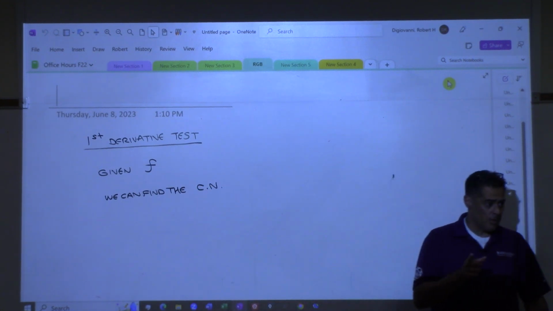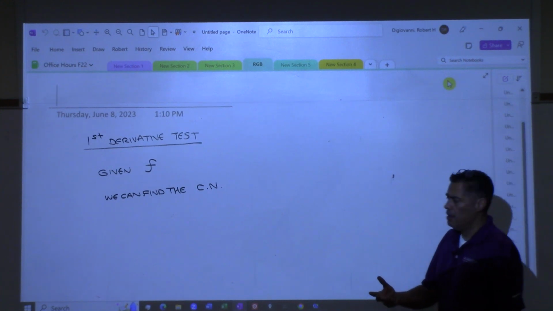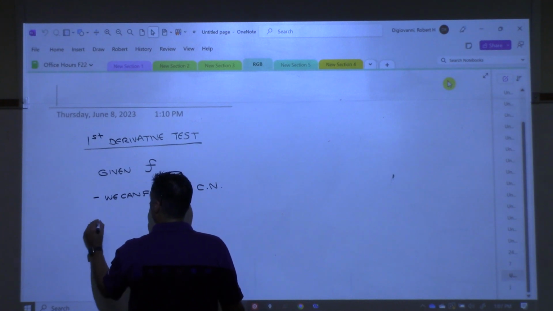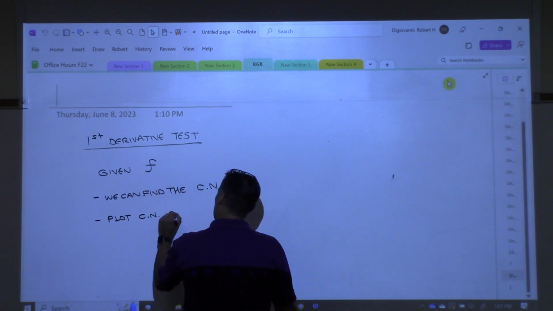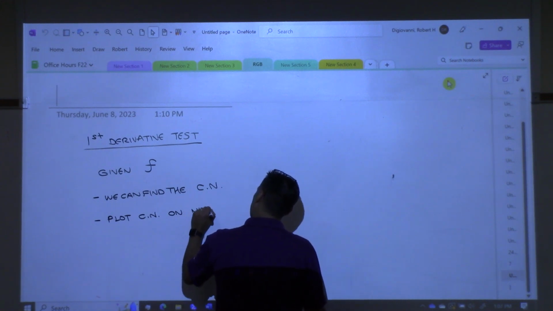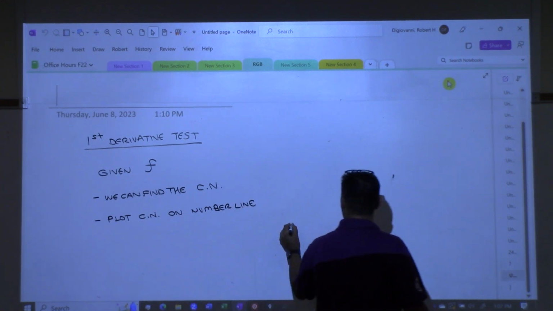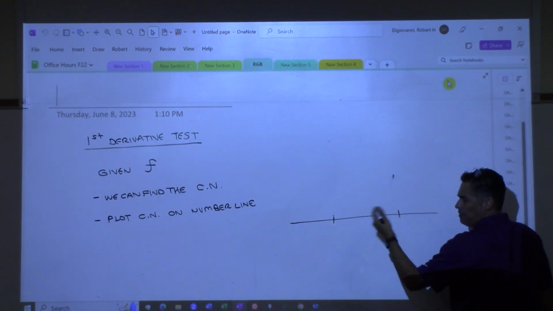And we know how to find critical numbers, right? You take the derivative, set it equal to 0, and figure out where it doesn't exist. Once we find the critical numbers, we plot them on a number line, something like this. It depends how many we have.